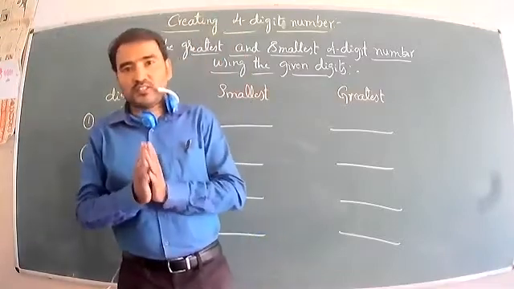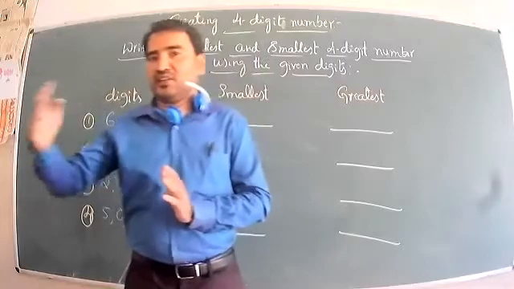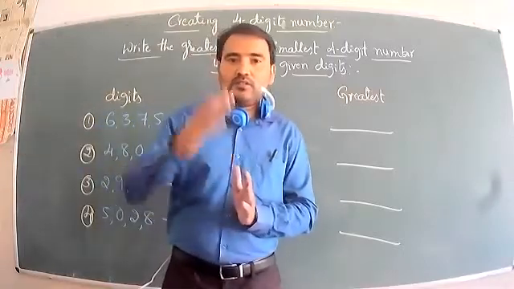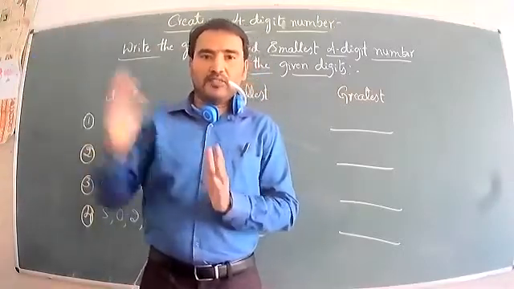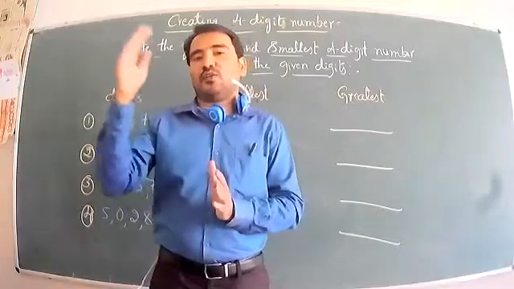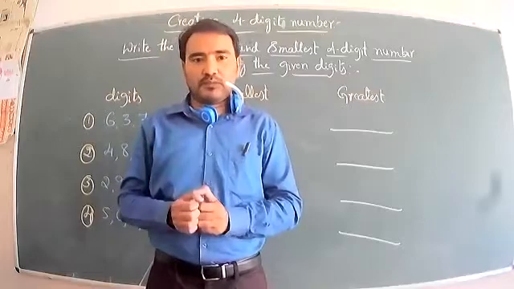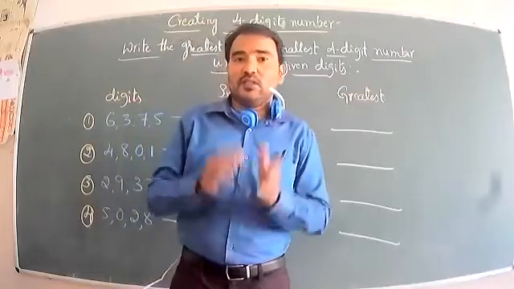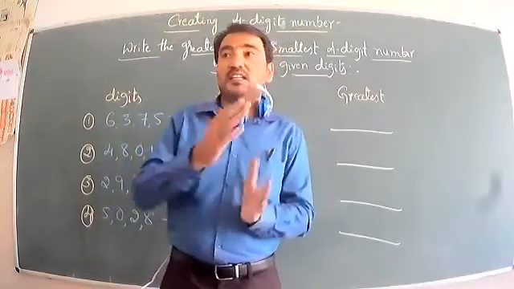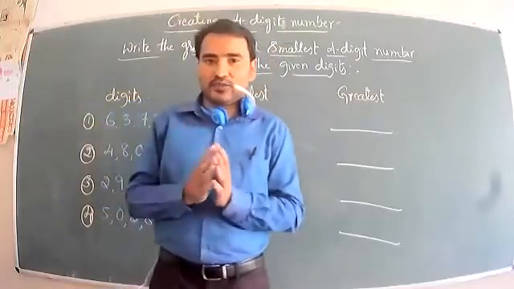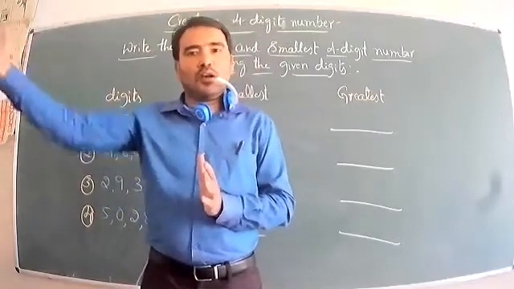The smallest number: we write the digits in ascending order, from small to big, and that becomes the smallest number. How to make the greatest number? Write the digits in descending order, from greatest to small.